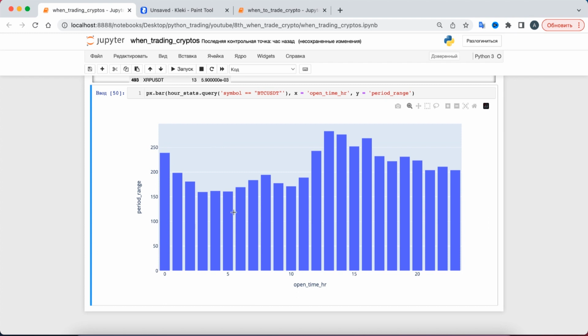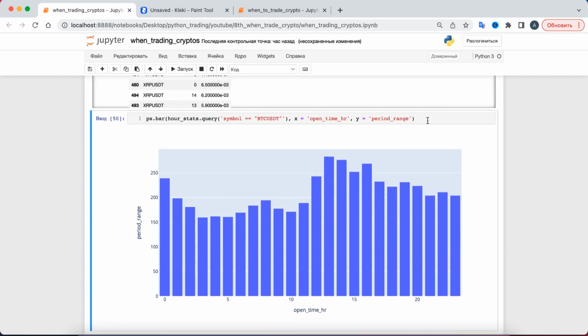Also, we can claim that the lowest chance to make a lot of money is at 3 a.m. and 4 a.m. because the median price range during this period is lowest, and why we shouldn't trade Bitcoin and I guess other cryptocurrency assets at 3, 4, 5 a.m., 10 a.m.